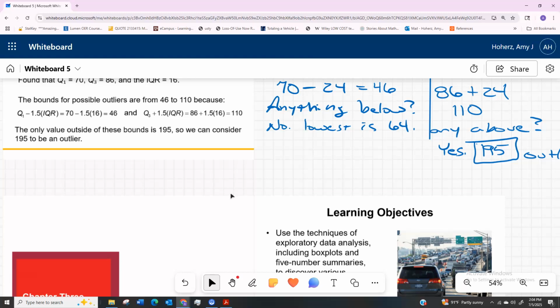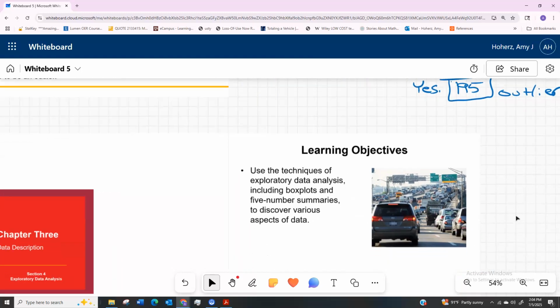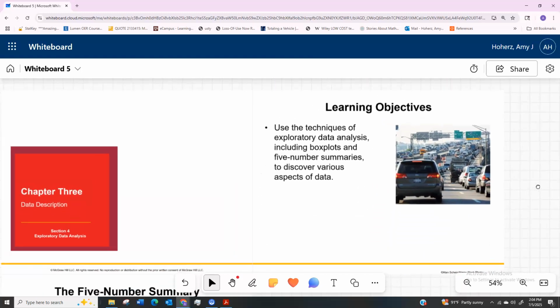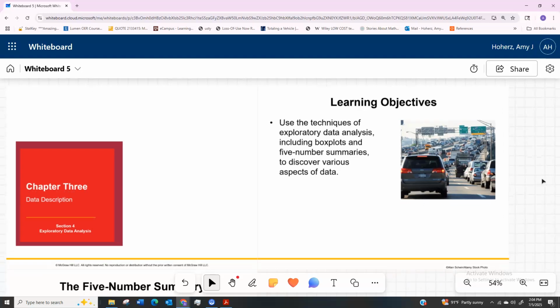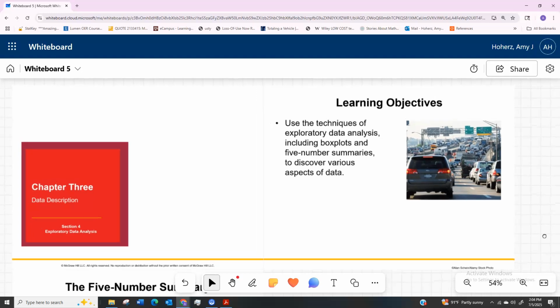Okay, so now we're going to finish up by learning how to do this box plot. Box plots are based entirely off of the quartiles. So we're going to be continuing our discussion of quartiles. And it's just a visual representation of the quartiles. So we're on section 3.4.